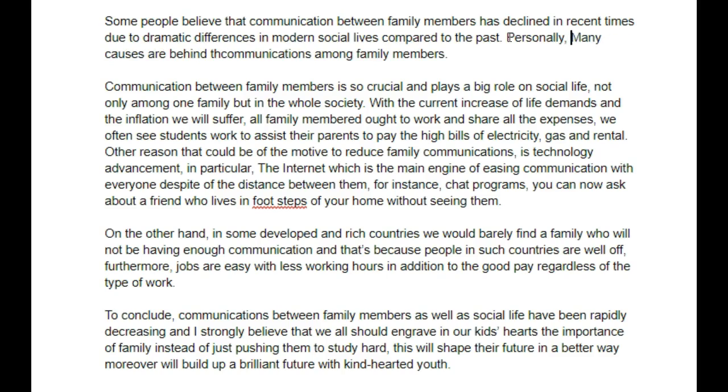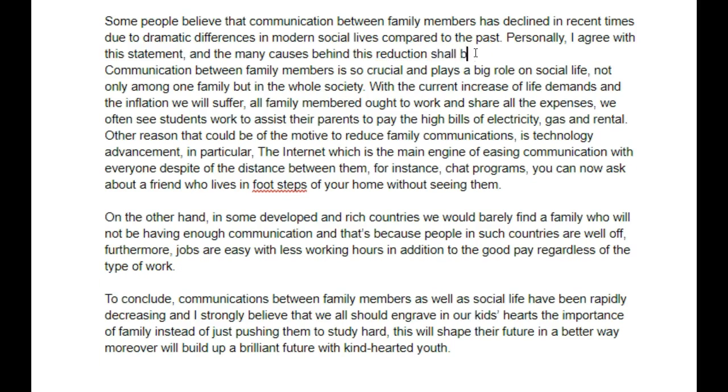So personally, I agree with this statement. And the shall be discussed further below.